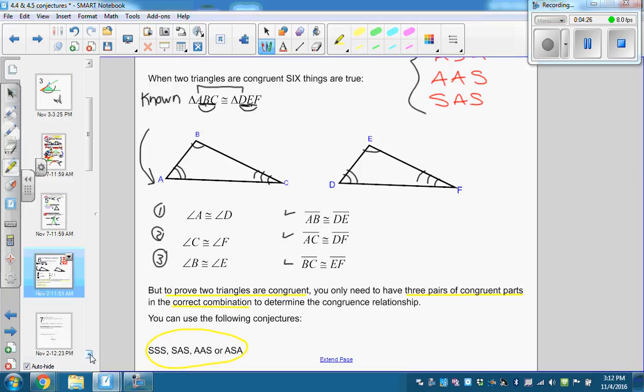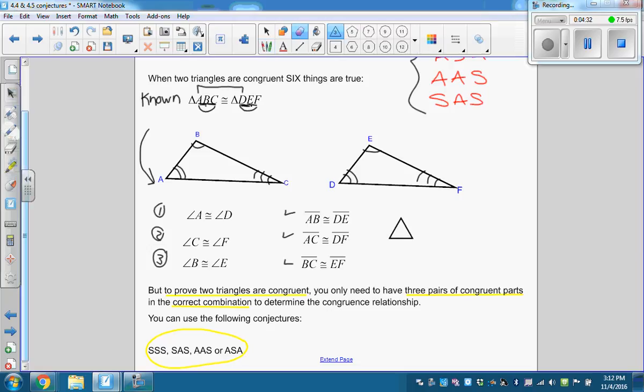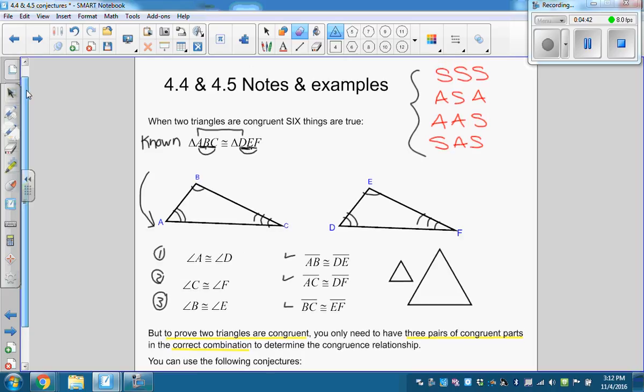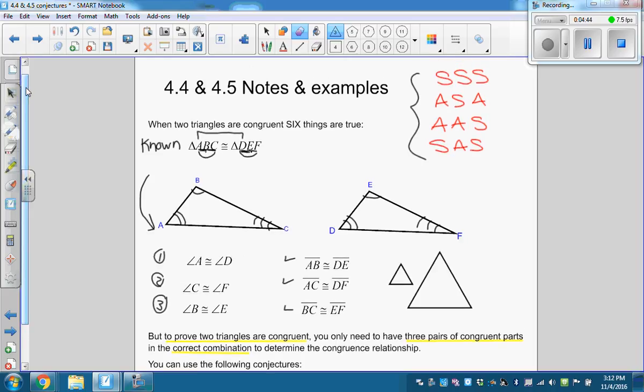Remember the angle. The counterexample I used for that is equilateral triangles all have angle relationships, but they're not congruent. Right. So that's not part of the conjecture. That's why I don't have it written down there. I just have these 4. Does that make sense? Yes. Did I miss something? No. Okay.